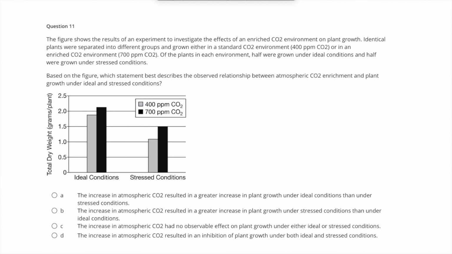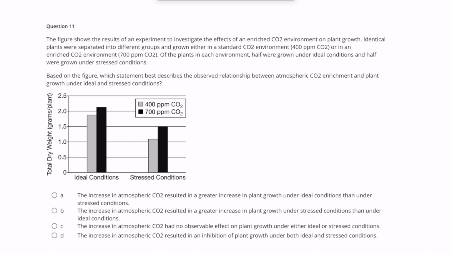One had 400 ppm, which is the standard level, and the other one has extra, 700 ppm, which is enriched CO2. Of the plants in each environment, half were grown under ideal conditions and half were grown under stressed conditions. Okay, and that's the data we're looking at.